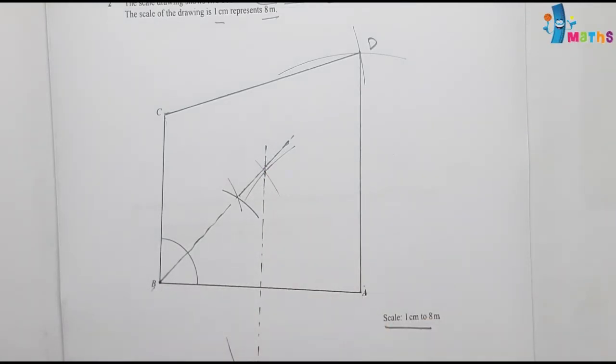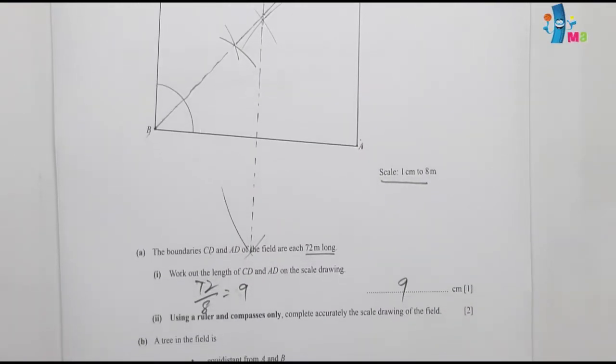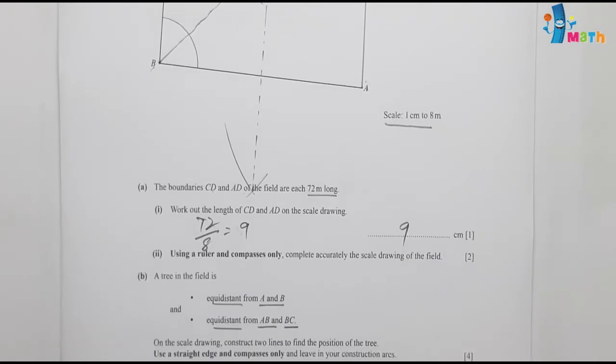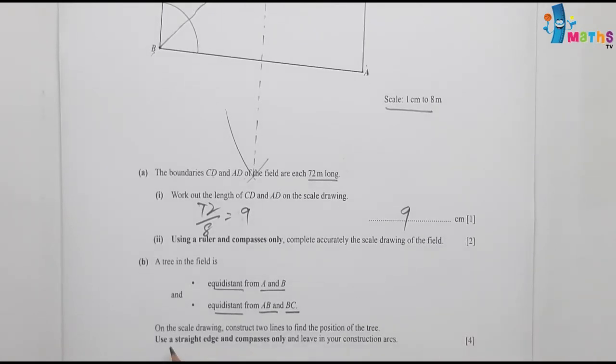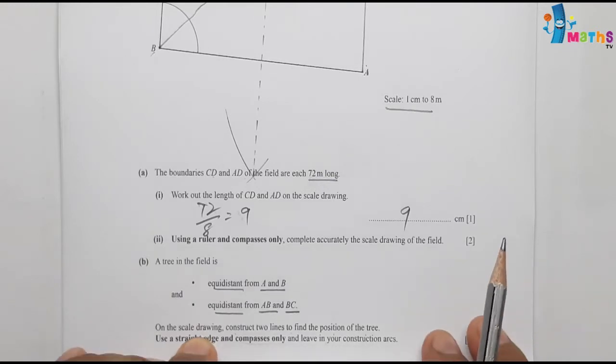So in the last line of the question, they are saying that on the scale drawing, construct two lines to find the position of the tree which we have already drawn. Use a straight edge and compass only, and leave your construction arcs.